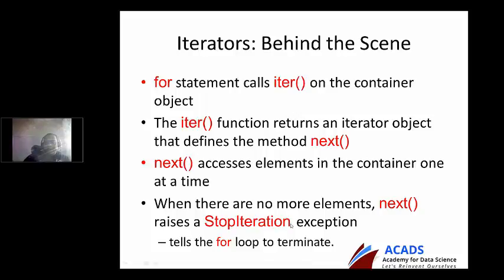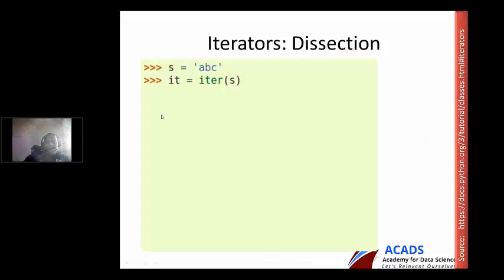Okay, so let's look at a concrete example. I have a string s. I am calling an iterator function on s and storing that in the object it. Now whenever I do next on this object it, it will give me the next element in the string s.